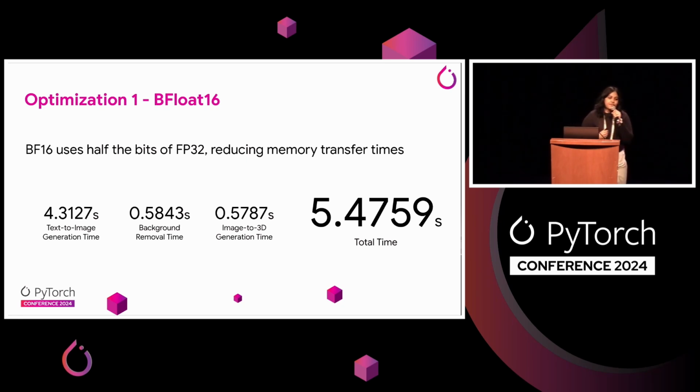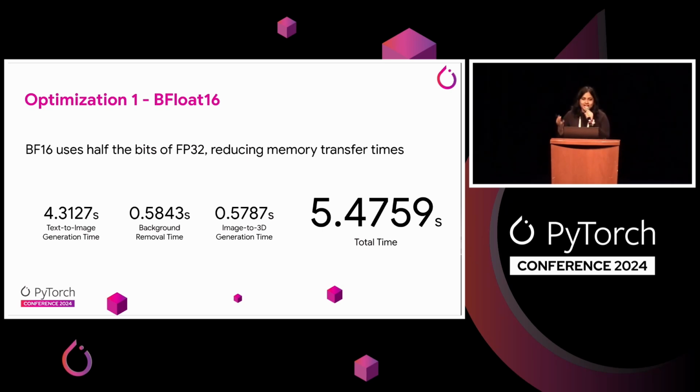So getting into our first optimization that we performed, that's bfloat16, also known as the brain floating point format. This was developed by Google. The difference between BF16 and FP32 is that BF16 has the same dynamic range as FP32, but uses half the memory.